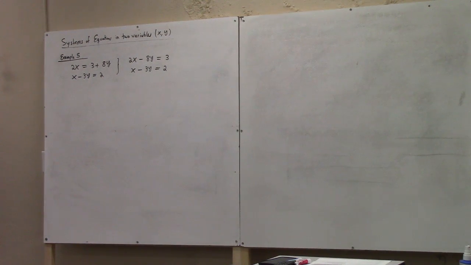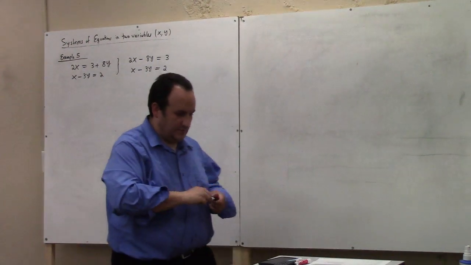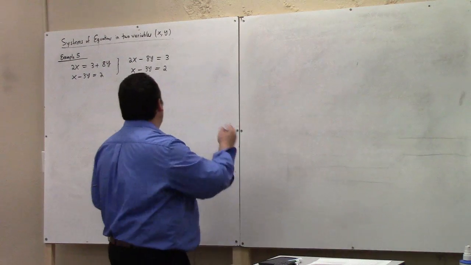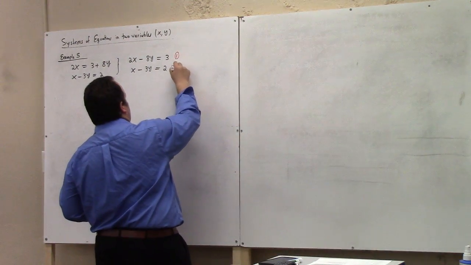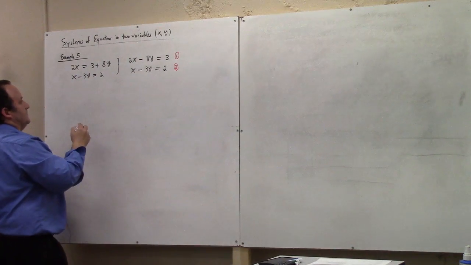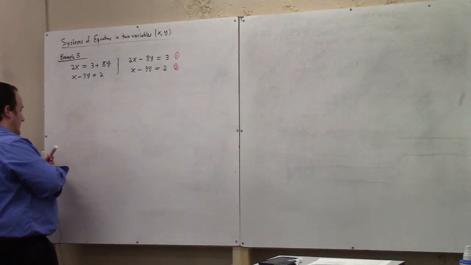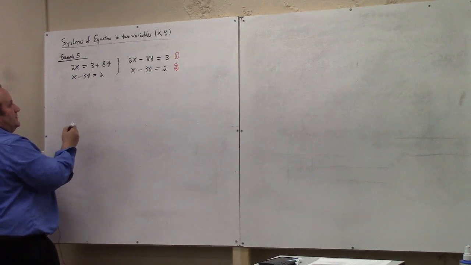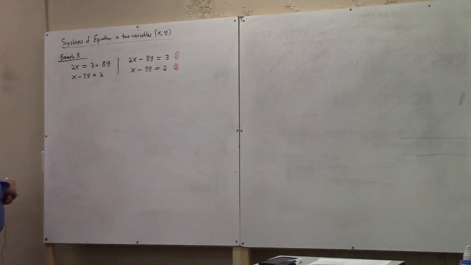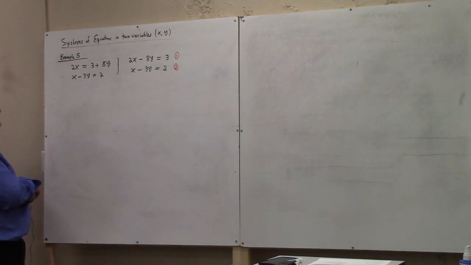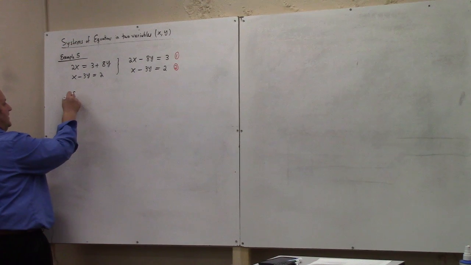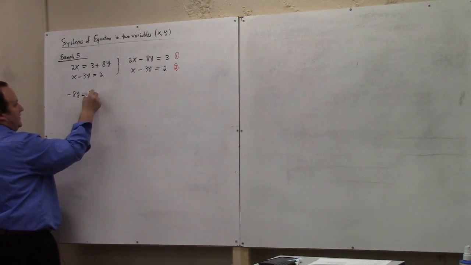I propose that we label these equations so I can talk about them systematically. I'm going to call this equation 1 and this equation 2. So let's see here. Any ideas? Minus 8y equals 3 minus 2x.